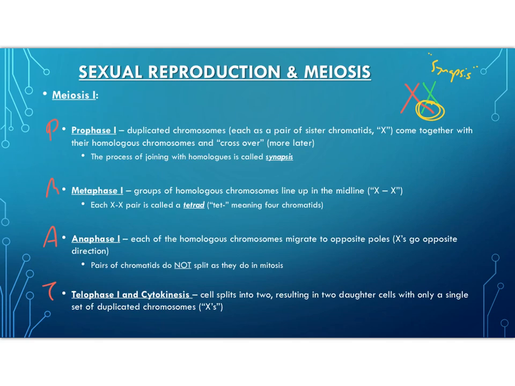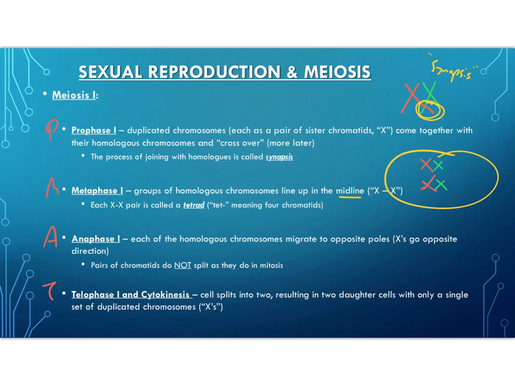Now, then we go to metaphase 1. Metaphase 1, still you can remember midline for this. But now they're going to line up on the midline as tetrads, which means instead of single file, they're going to line up in 2x2 lines along the middle of the cell. Now then we go to anaphase 1.